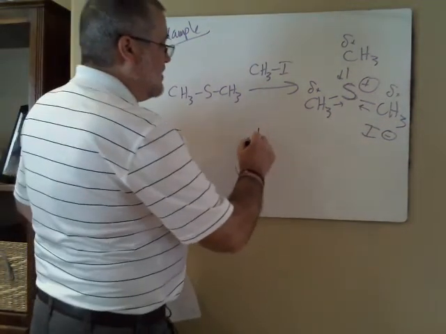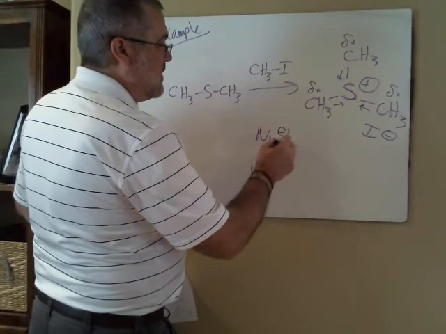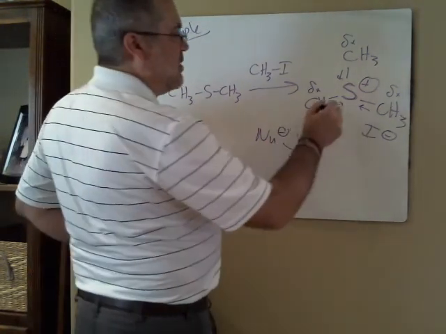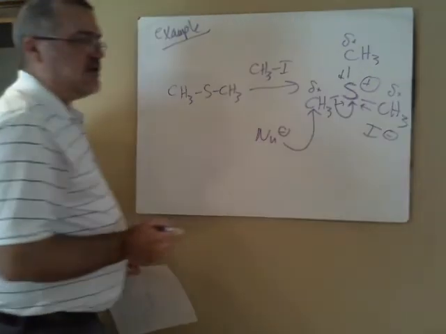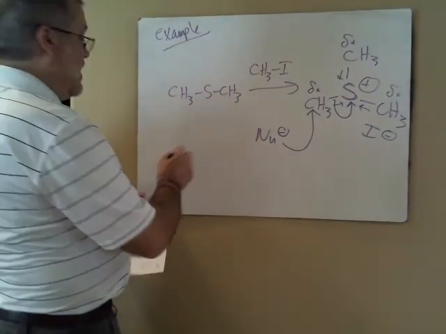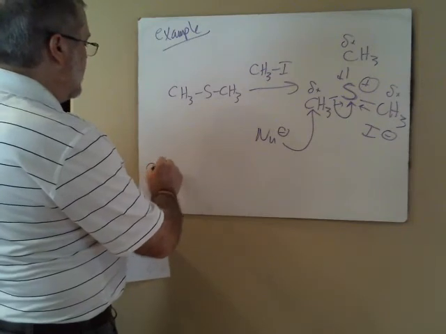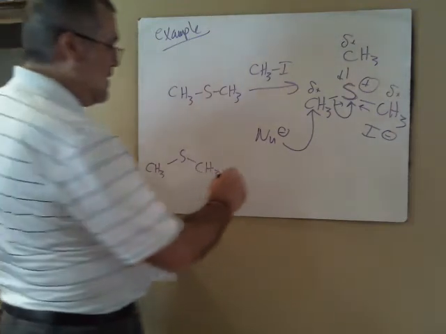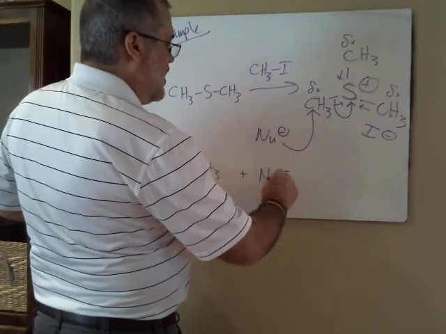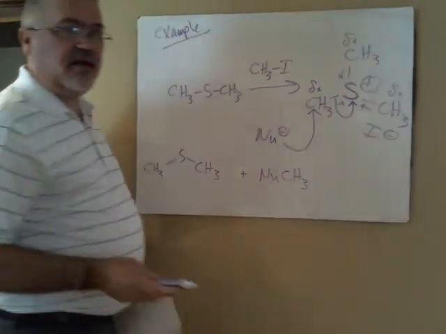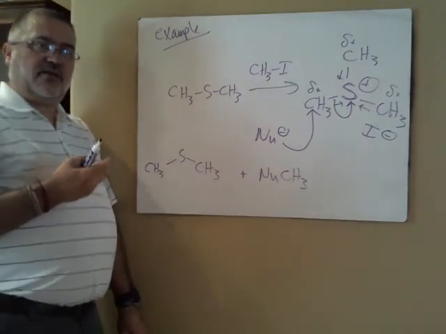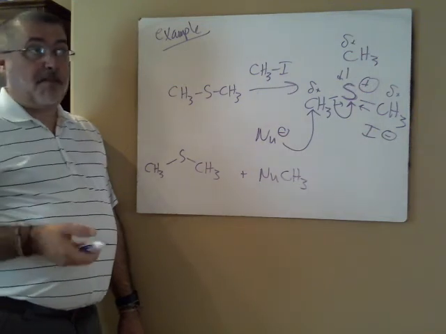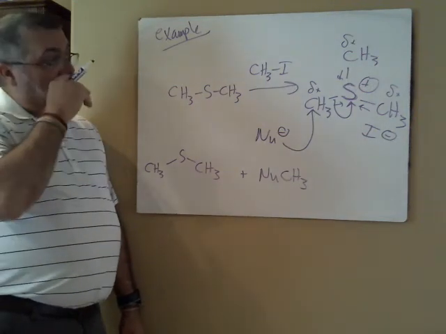So that means I can take a nucleophile and it will react with one of the alkyl groups, kick the electrons back to the sulfur. And so one of the things you will get is you will recover your sulfide, and then your nucleophile is going to be alkylated. And let's think for a minute, because I know a lot of us out there are biology majors or have some interest in biology.